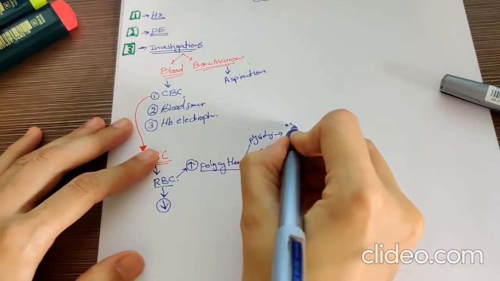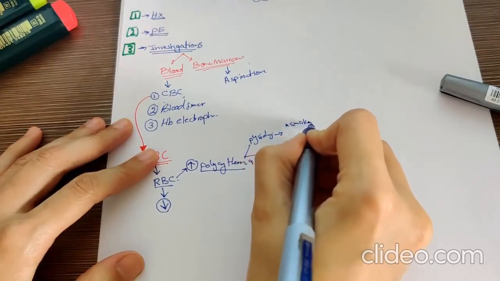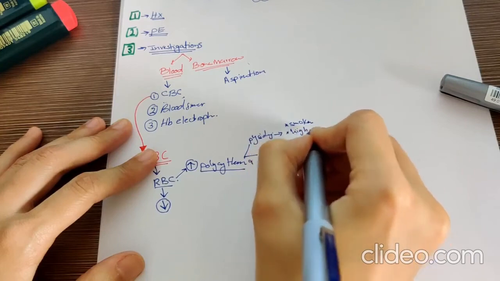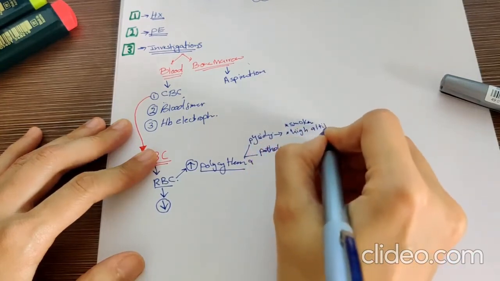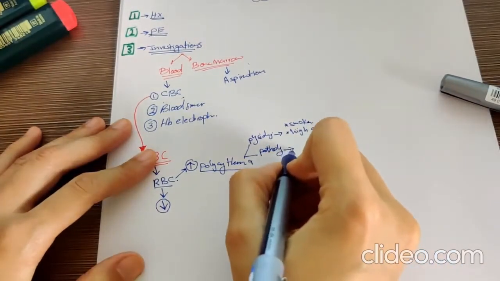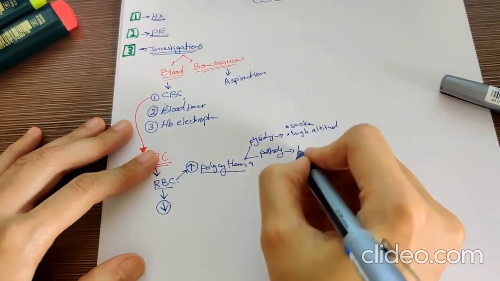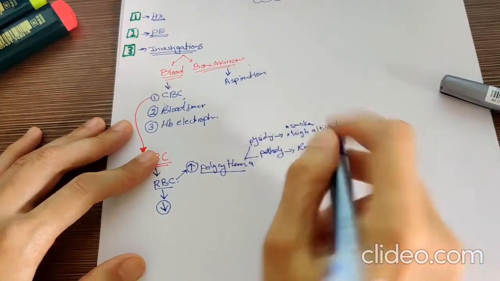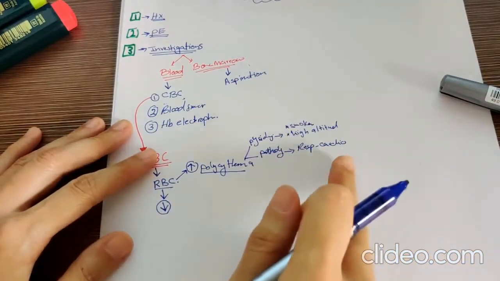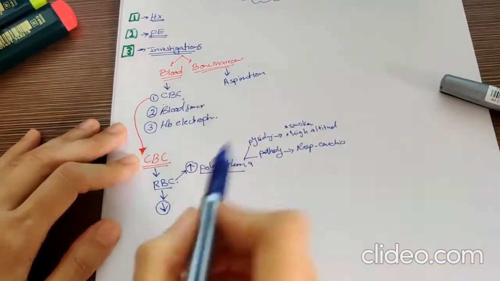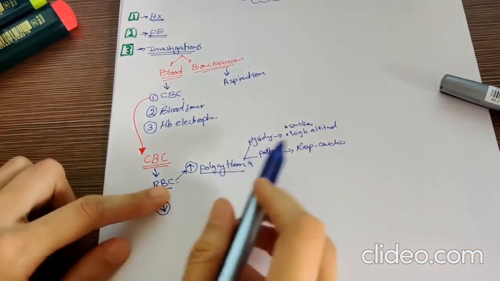So we have a smoker or someone living in a high altitude area. Okay, pathological like what? If the patient has any respiratory or cardiac problem, any more information about this, you will take it, inshallah, in the next years. Okay, this is if the RBCs are high.